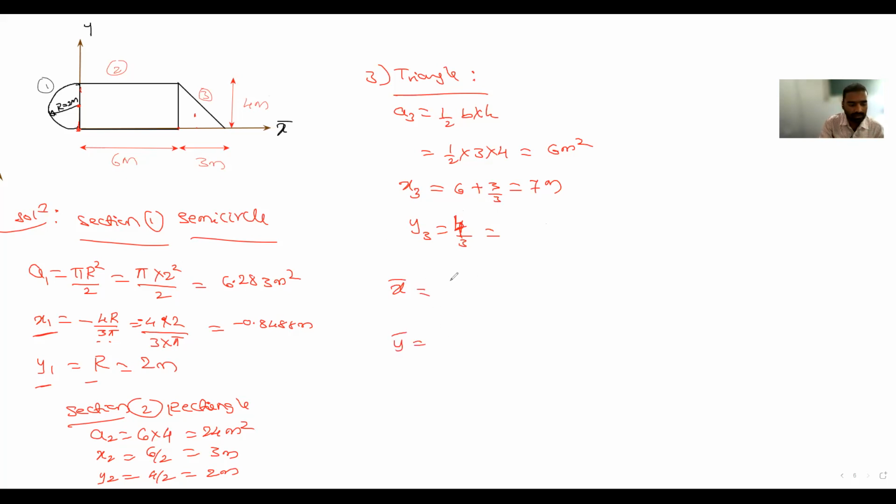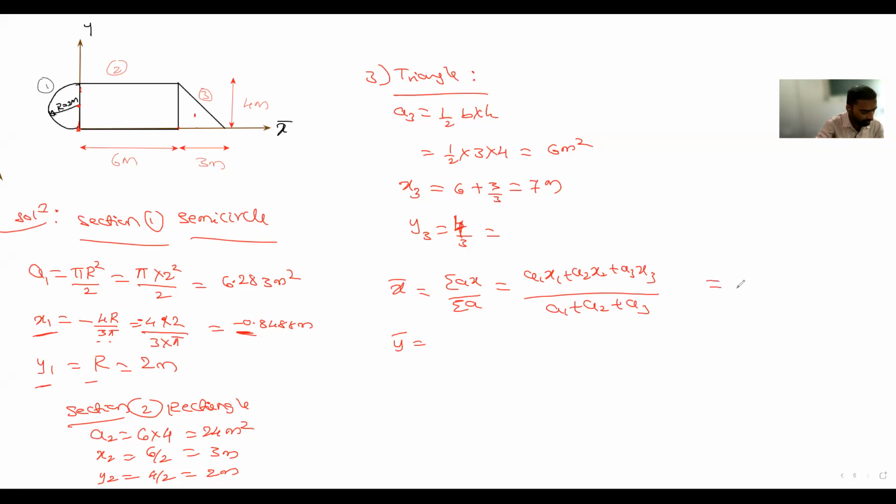So x bar and y bar, you can write summation of ax divided by summation of a. So here a1 x1 plus a2 x2 plus a3 x3 divided by a1 plus a2 plus a3. Here you can substitute, wherever the value is minus, substitute only that.